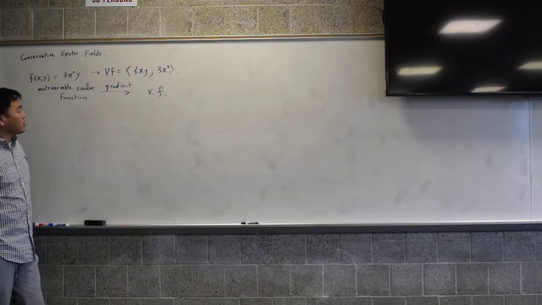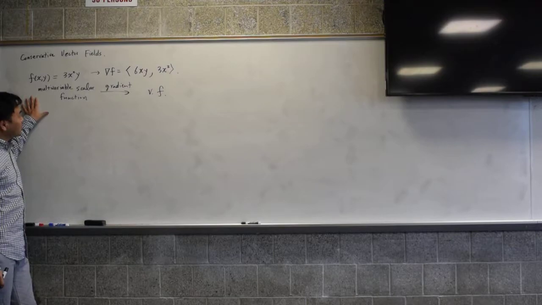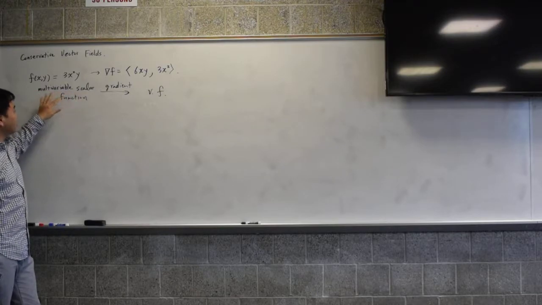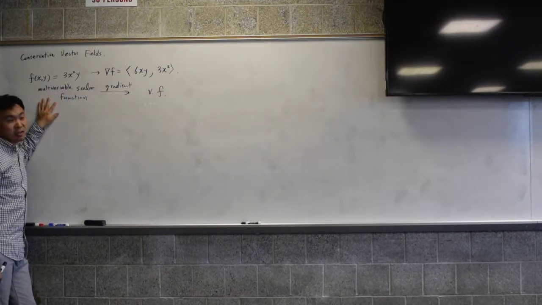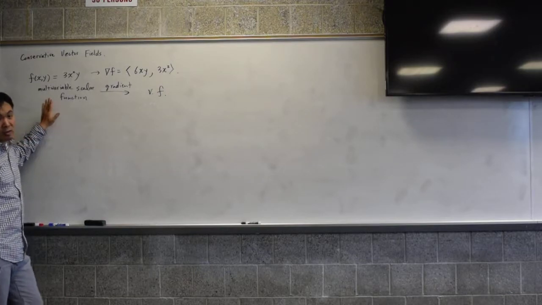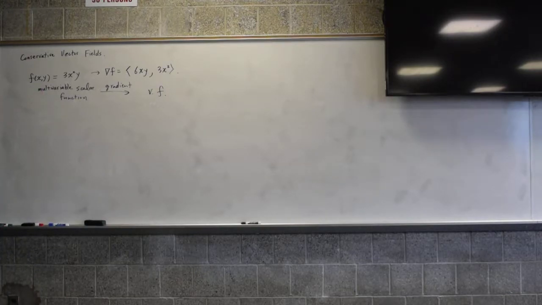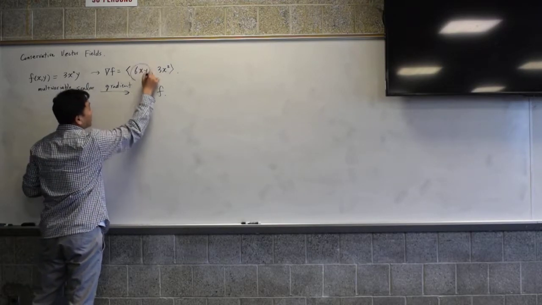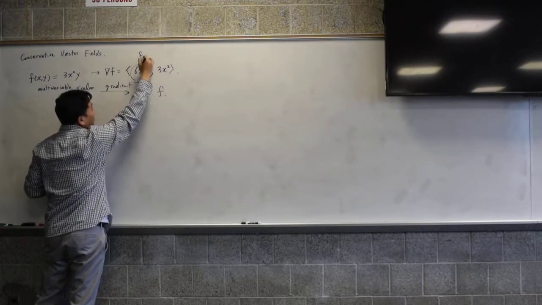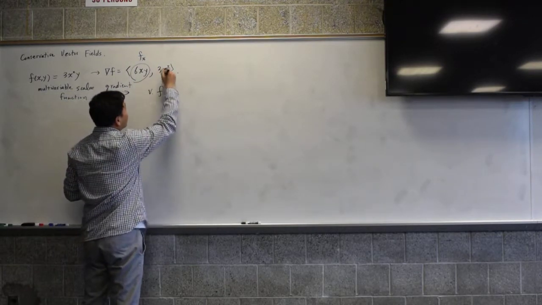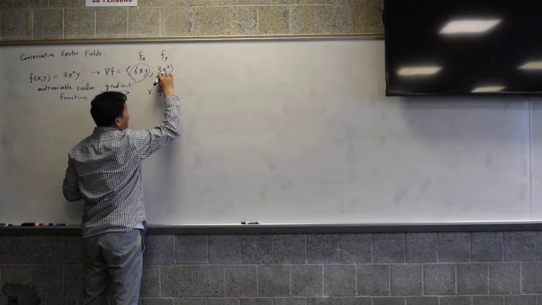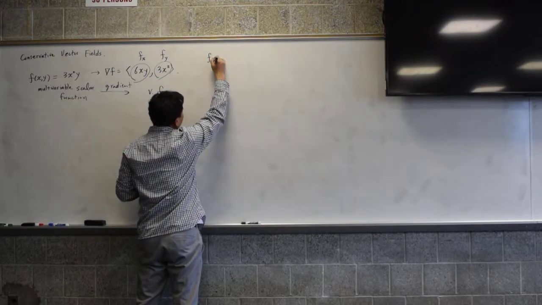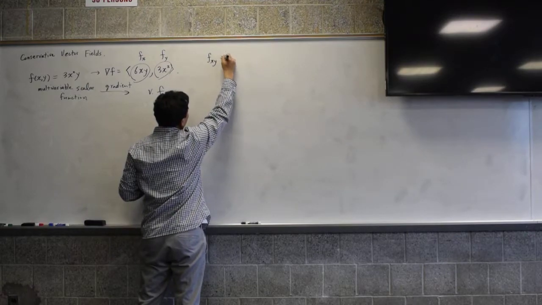Now, here's an interesting question. Does every vector field arise from the gradient of some scalar function? And the answer is no. The reason is that we know that if you have this as the derivative with respect to x, and this as the derivative with respect to y, then the following is true: fxy is equal to fyx.